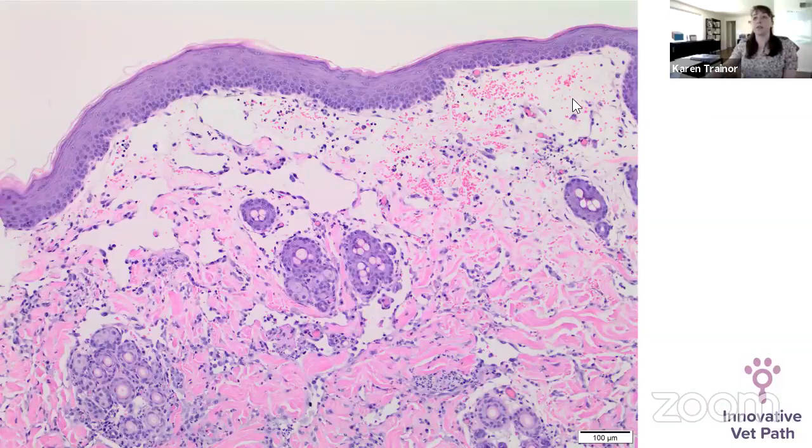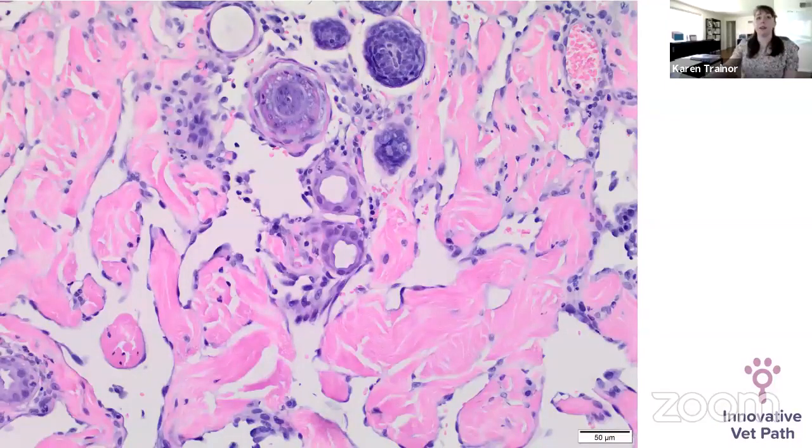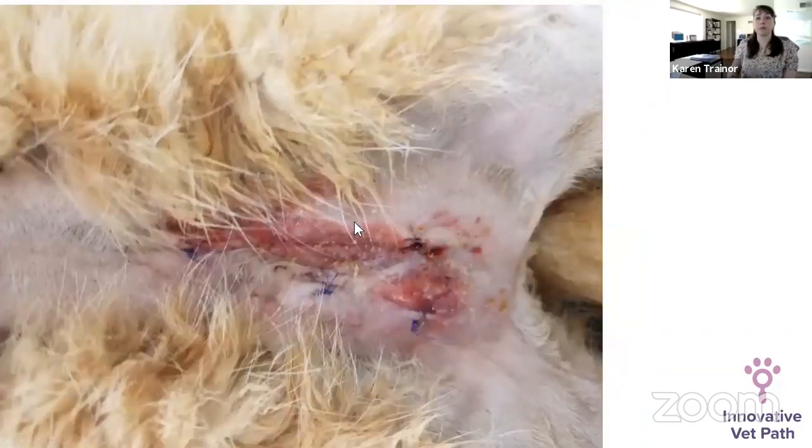So again, we have some free hemorrhage in the superficial dermis that was contributing to that sort of bluish, purplish, reddish appearance of the skin. And again, just this aggressive infiltration in and around and sort of strangulating the adnexal structures.